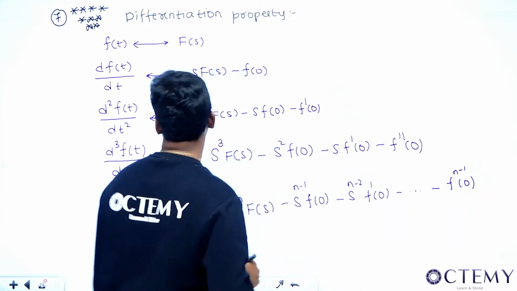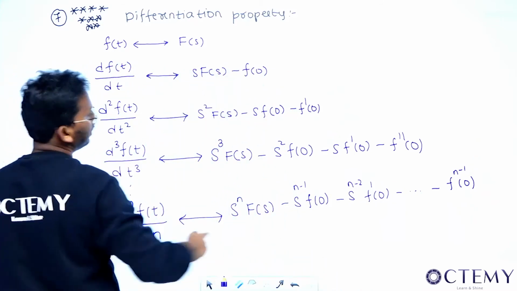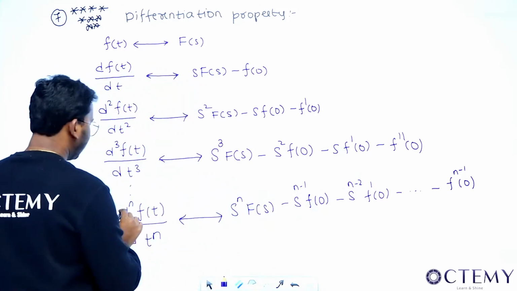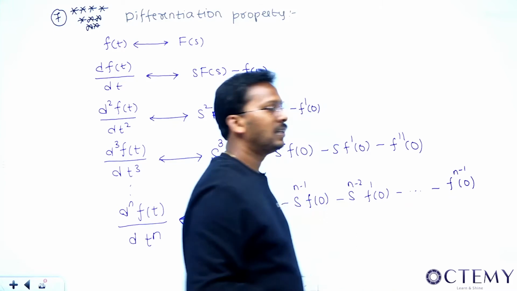Because if you see double differentiation, 1 came; single differentiation, nothing came; triple differentiation, 2 came. So for nth differentiation, what will you get? The n minus 1 differentiation at 0, right?